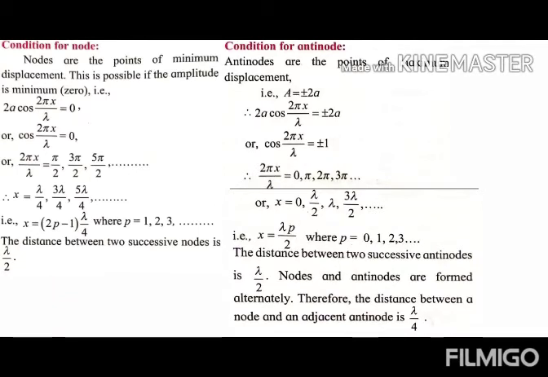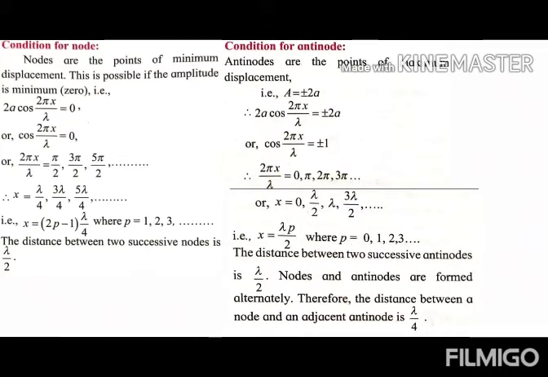If we compare 2πx/λ with 0, then we get x = 0. If 2πx/λ = π, then x = λ/2. Similarly, if 2πx/λ = 2π, then x = λ and so on.